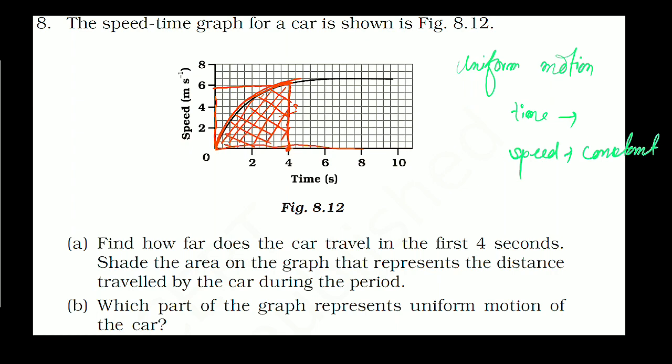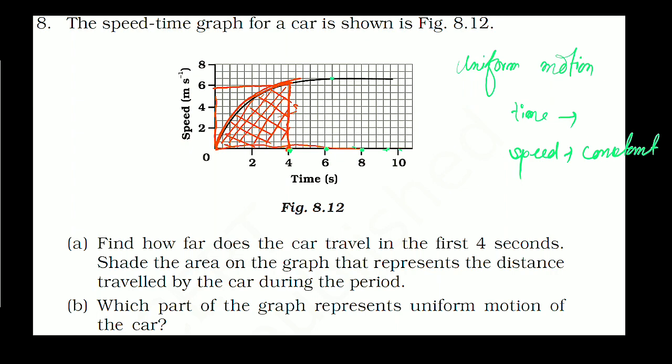That means the time will change like 4, then 6, then 8, okay. In the x-axis the time is changing, but if the motion is uniform, then the speed will remain constant as the time changes.